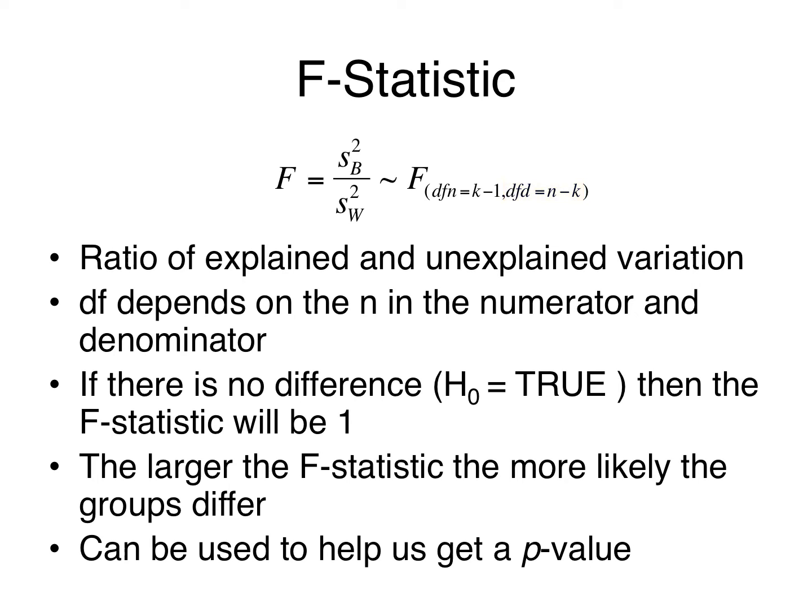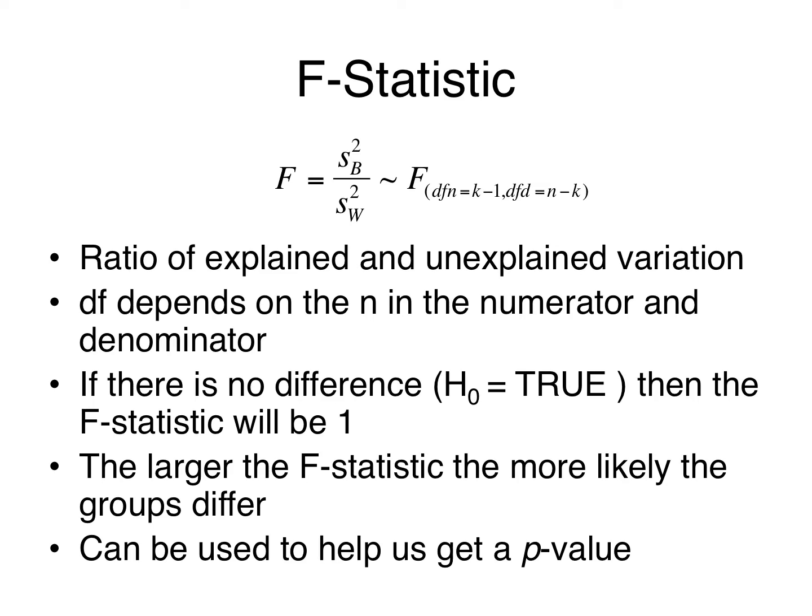The larger the F-statistic is, or the larger the between group is to the variation within groups, the more evidence we have to suggest that the groups differ. For example, if our F-statistic is 10, this means that the variation explained by group differences, the variation between groups, is 10 times the variation that is unexplained, or the variation going on within a group.